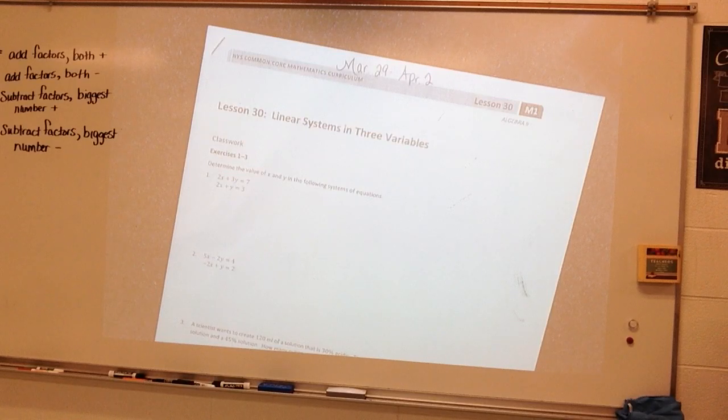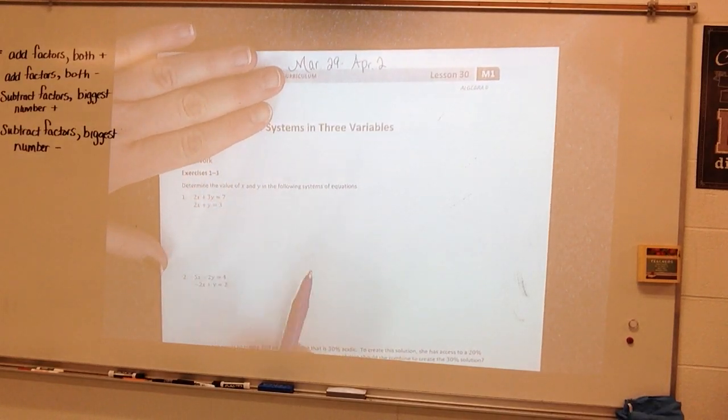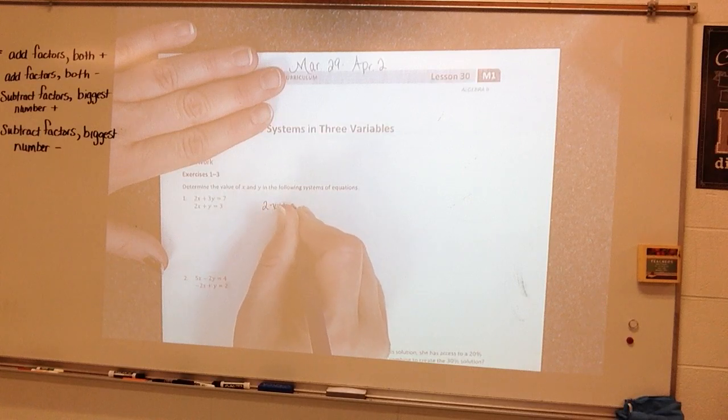Alright, so we do have a system of equations here. You should be familiar with how to solve those, but let's go ahead and look at this. I would suggest for one that you go ahead and solve for y in one of the equations, and I would suggest you make it this equation. So 2x plus y is equal to 3.